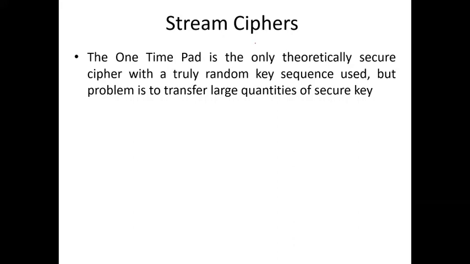Block cipher and stream cipher, do you remember the difference? When you work on data bit by bit or byte by byte, it is called a stream cipher. When you work on data as a group of bits or a block of bits, it is a block cipher.